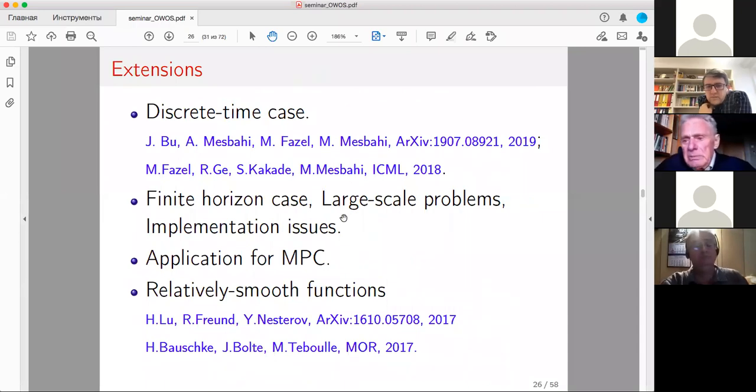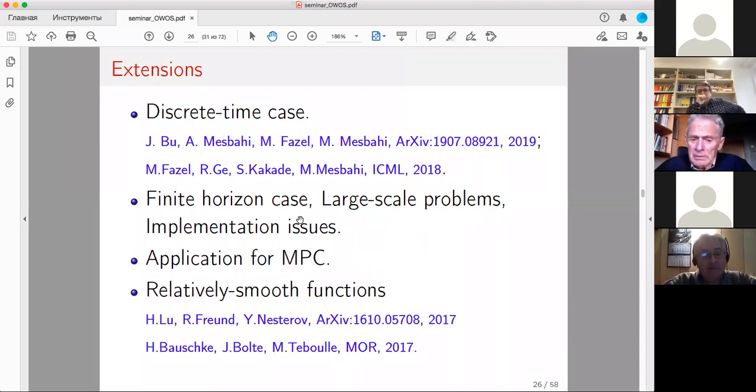Okay, so it was about continuous time, but as I said, there are no problems extending it to discrete time problems. Well, I was talking about the infinite horizon case, when we had the integral from 0 to infinity, but the finite horizon case can also be considered.